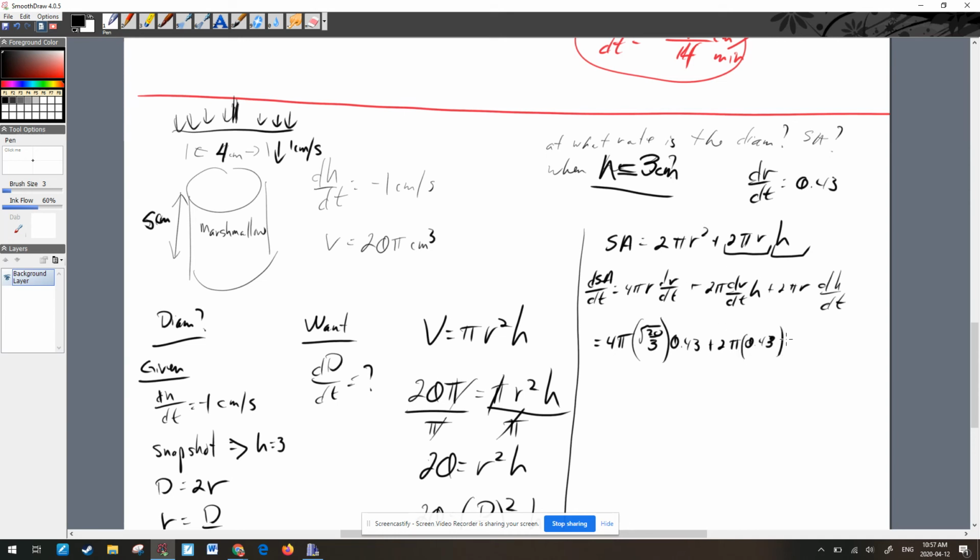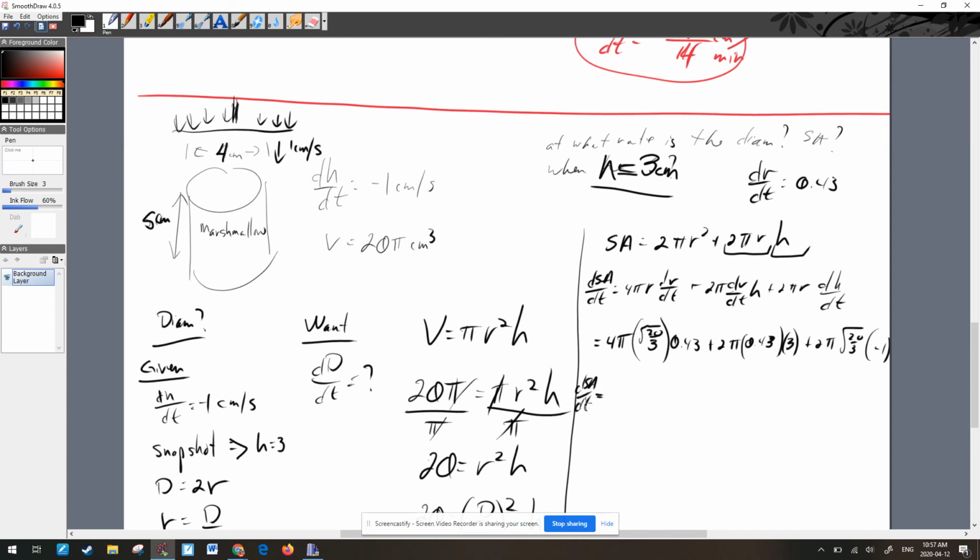Well, the height is 3, plus 2 pi, we know the radius is the root 20 over 3, and times dh by dt, and that was given originally as -1. So now all we need to do is dump that into our calculator.